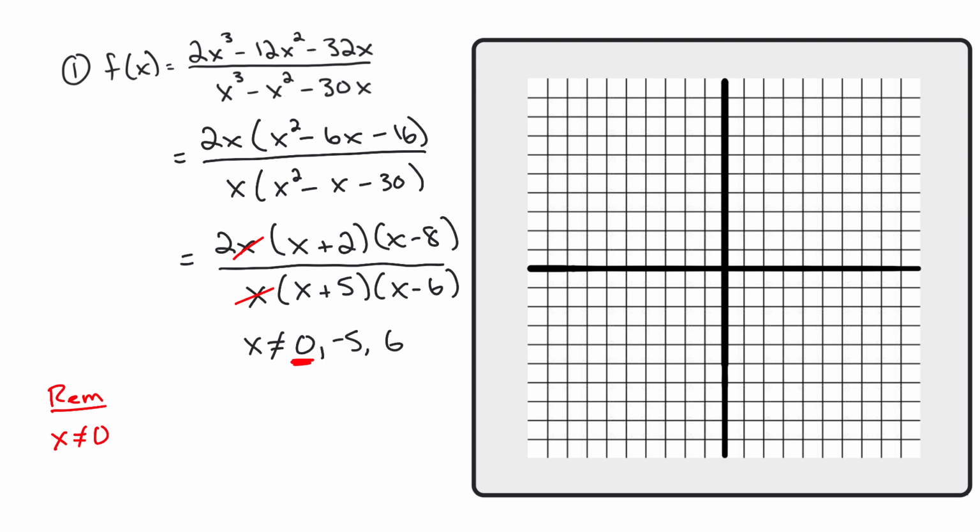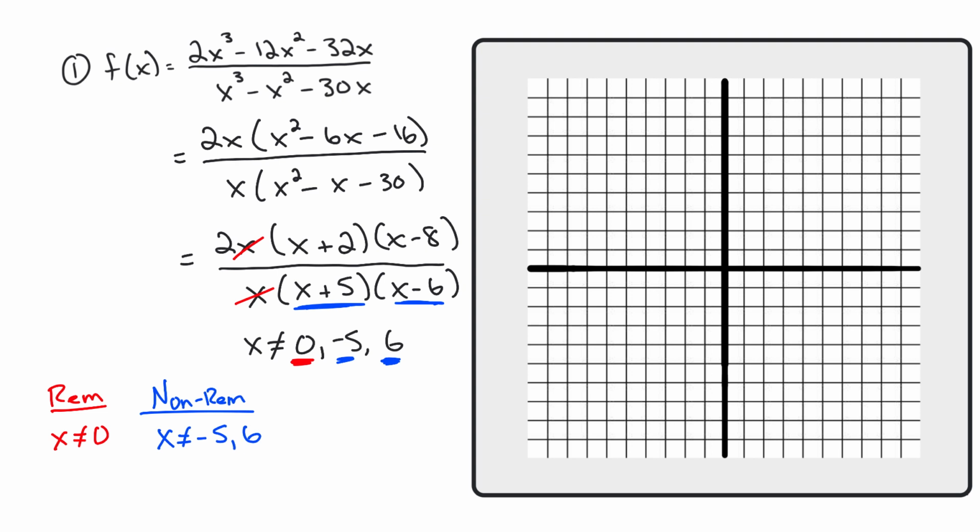Next, I'm going to do the non-removable. These are also what are called the vertical asymptotes. They're the vertical dotted lines. So now I'm looking and seeing which ones remained. There was a negative 5 remaining and a 6 remaining. Those came from these two spots. So those are my non-removable discontinuities, aka my vertical asymptotes once I get to the graphing portion.